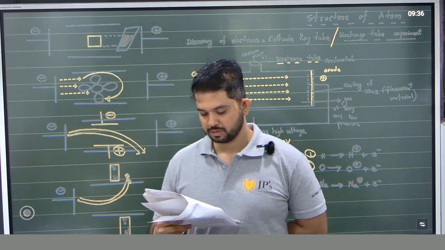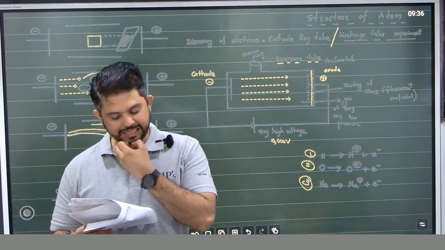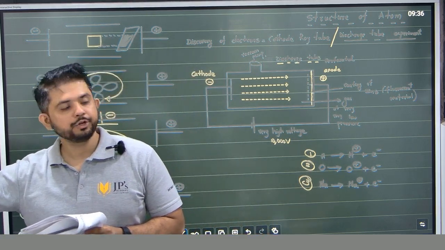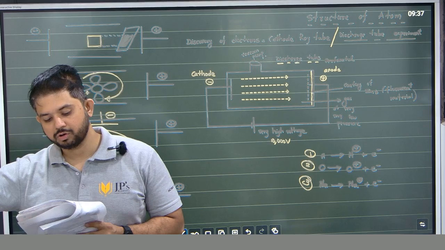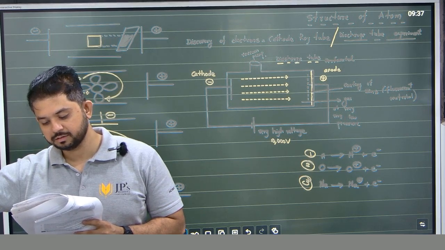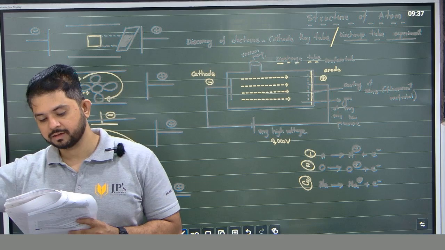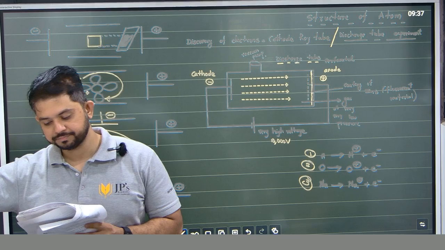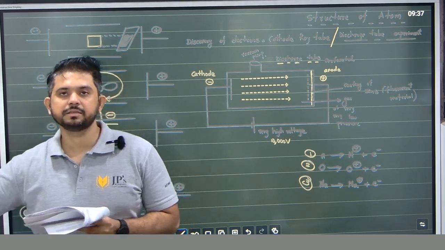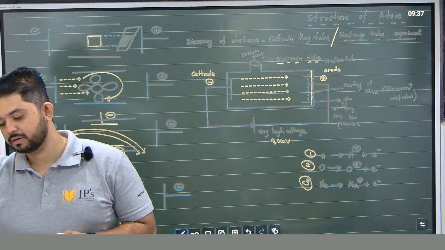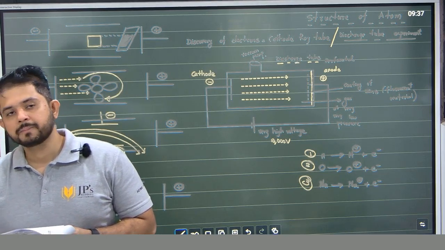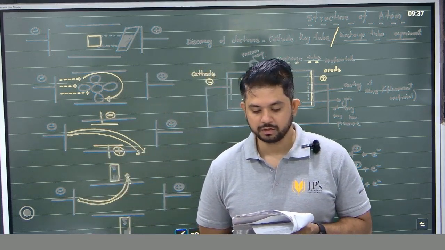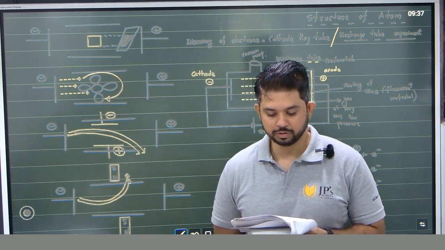Next point. The magnitude of the negative charge on the particle decides the amount of deflection.